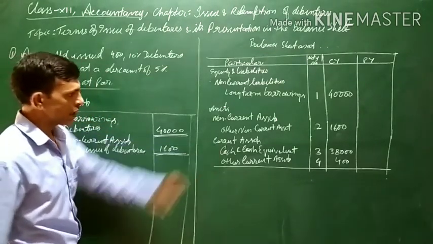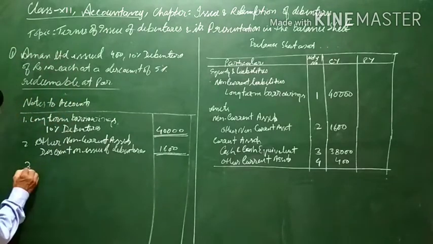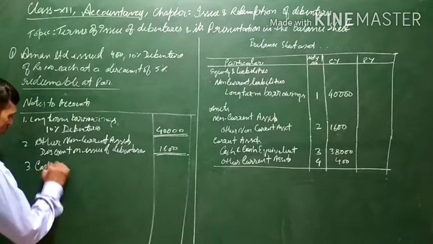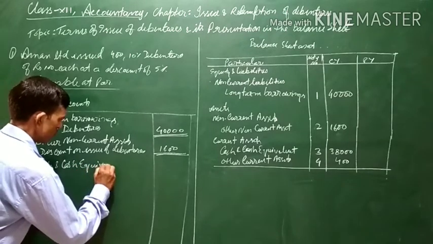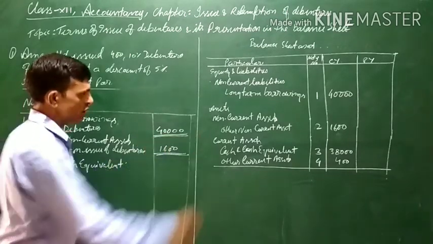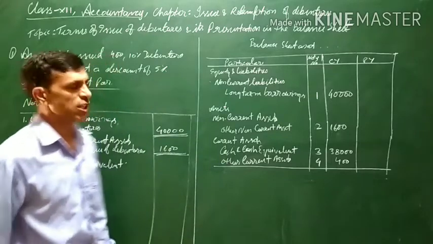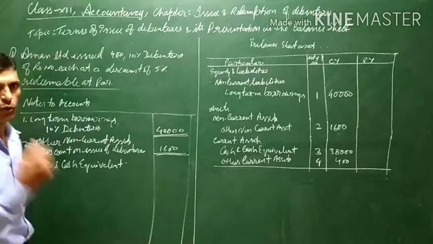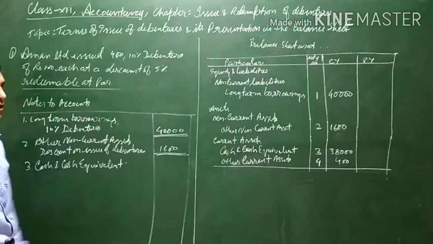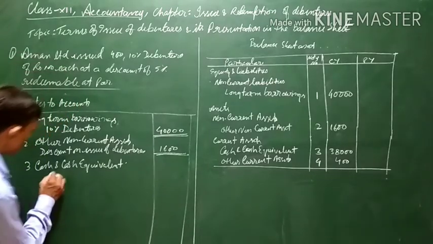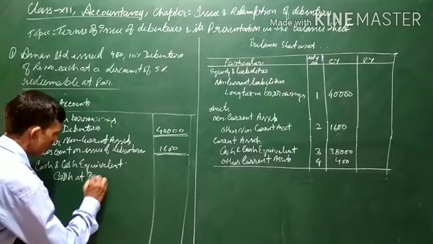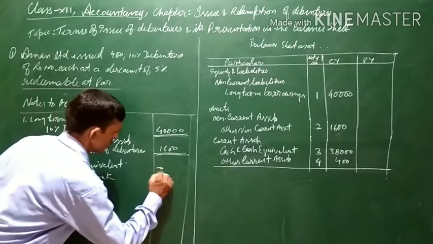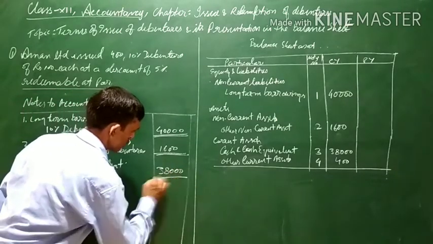Next is cash and cash equivalent, note number 3. What is this cash and cash equivalent? This is the cash at bank which the company has received at the time of issue of debenture. So we will write cash at bank, 38,000.